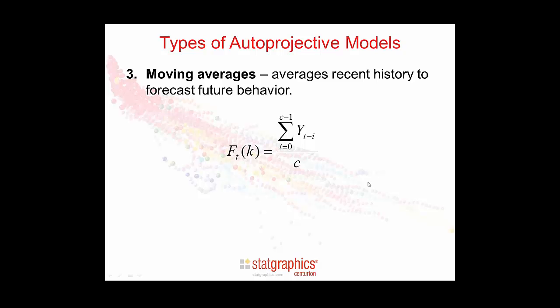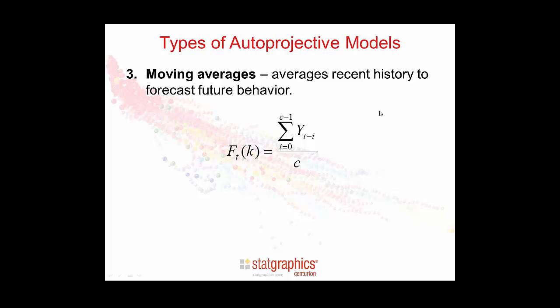You can play with C, called the span of the moving average, and get better forecasts in some cases. But again, I haven't seen those particular models be particularly effective, at least in the data that I've tried to forecast.